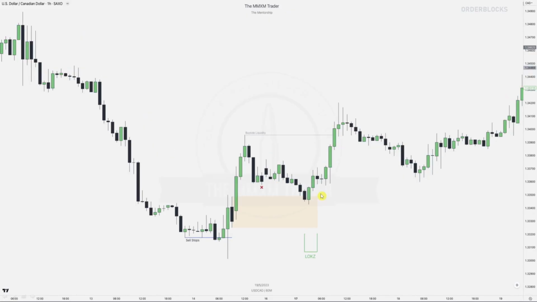Again, time is very important. So London kill zone over here, right? Couple up your entries with the correct time. We can use again London kill zone, New York kill zone, London close kill zone. And if you're aiming for low of the day, London kill zone most of the time is your best bet. And if you see that 1 hour order block created the previous day and you see engineered liquidity over here, right?